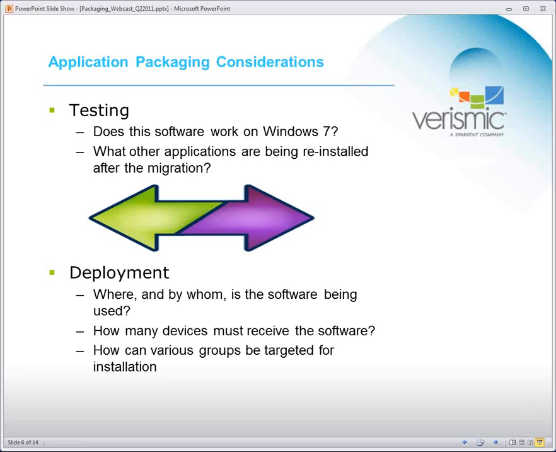Right? The next part is, how can various target groups be targeted for the installation? Well, if you do this manually, right, it's a little bit more difficult. If you do this by scripts, it's a little bit more difficult. But if you have a package where you can simply throw variables based upon your target groups, it becomes far easier. Now, this really applies to larger organizations, which may need custom settings, maybe a different license file for the same application, depending on the location itself.